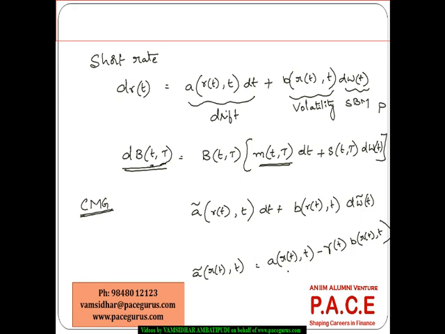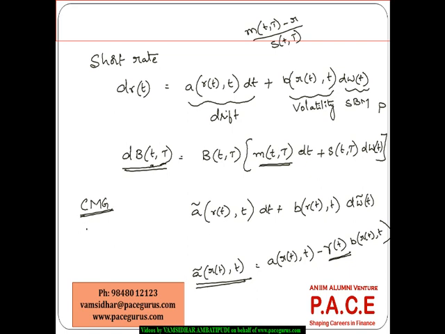So this comes out to be the new drift, right? I can very well find gamma(t) here. Gamma(t) comes out as the market price of risk: mu(t,T) minus the risk-free rate of return, divided by sigma(t,T). So that comes out to be the market price of risk.